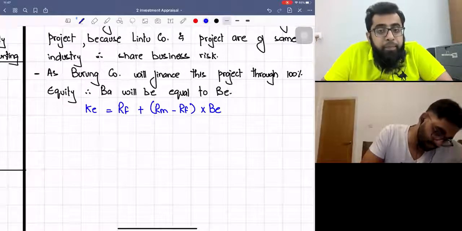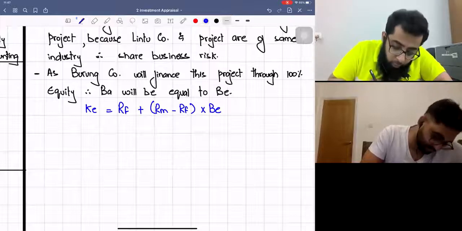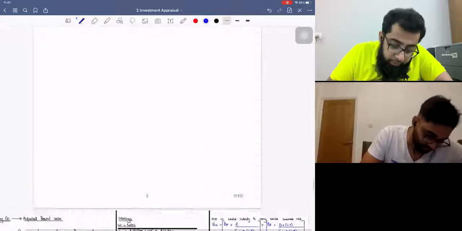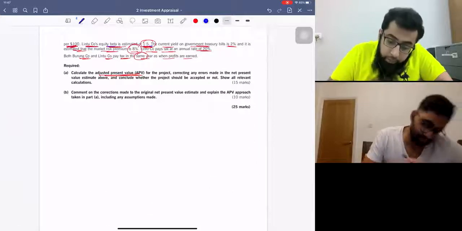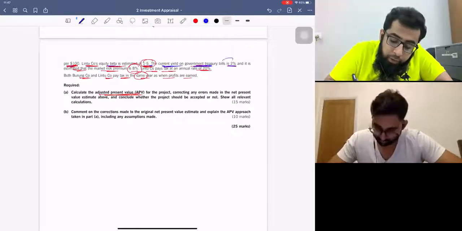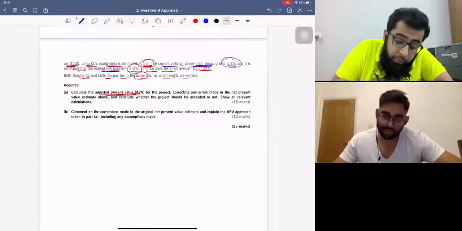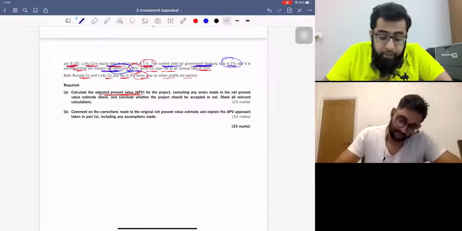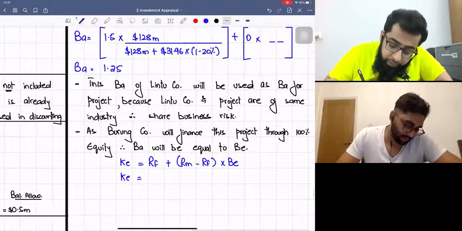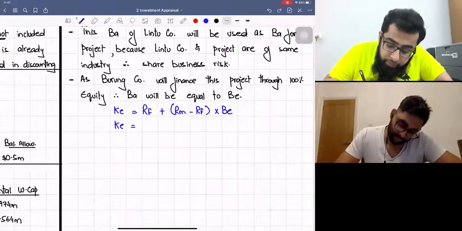So, cost of equity here: RF, the risk-free rate, is 2%. The current yield on government treasury bills is 2%, and the market risk premium is 8%. So that 2% is RF, and he has directly provided us the premium.